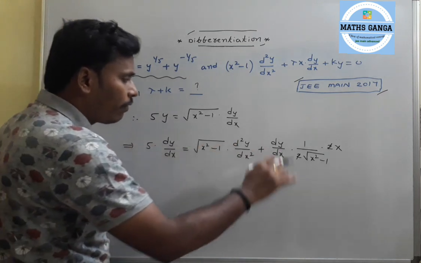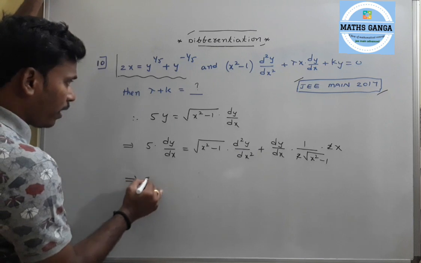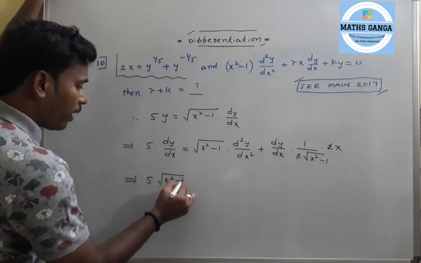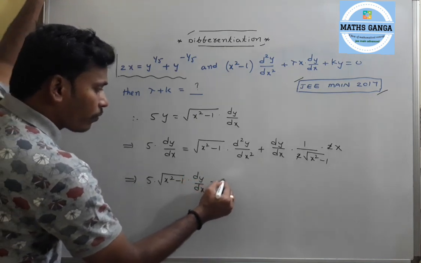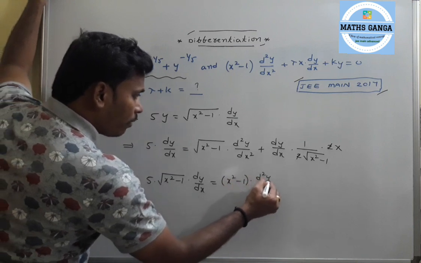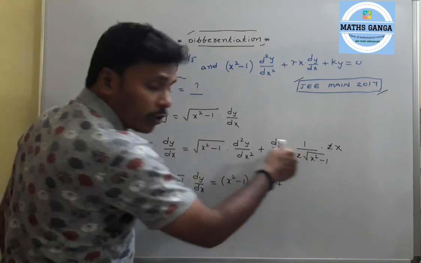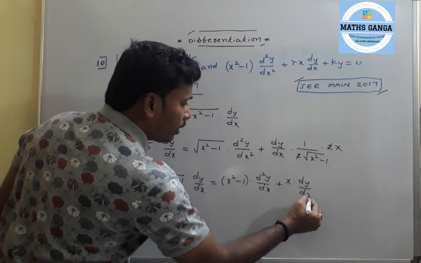So we need x square minus 1 into d square y by dx square. So multiply everything with what? Root x square minus 1. So this implies 5 into root x square minus 1 into dy by dx is equal to x square minus 1 into d square y by dx square plus, since we multiplied with root x square minus 1, it becomes x into dy by dx.